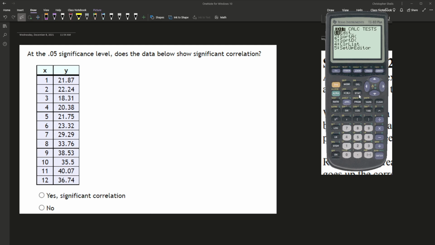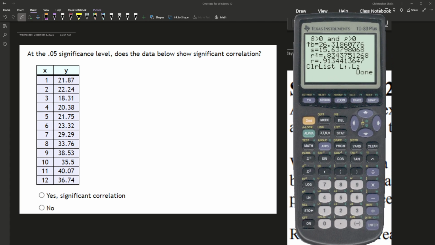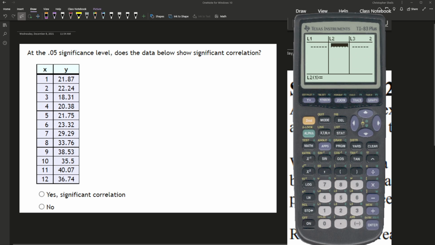So I'm going to clear my two lists, clear list L1, L2. Let me make my calculator a little bit larger to make it easier to see. So now stat, edit. This first list L1 is just the numbers 1 through 12.